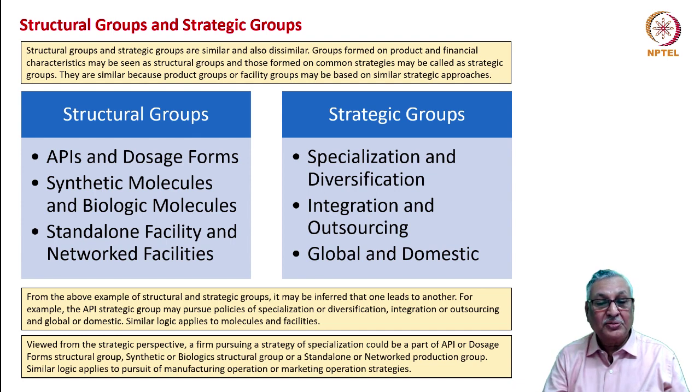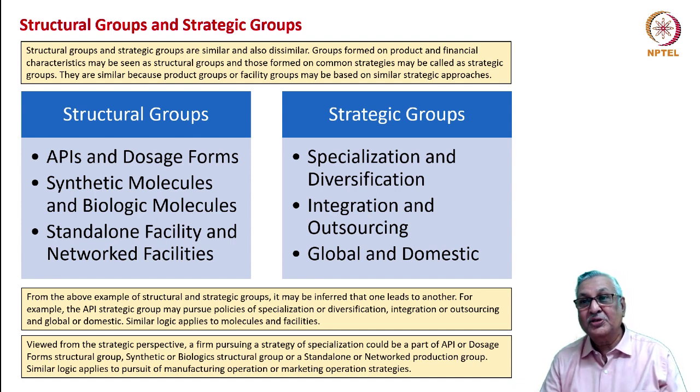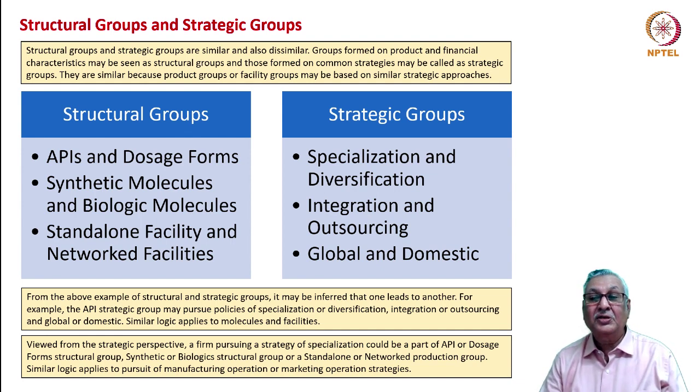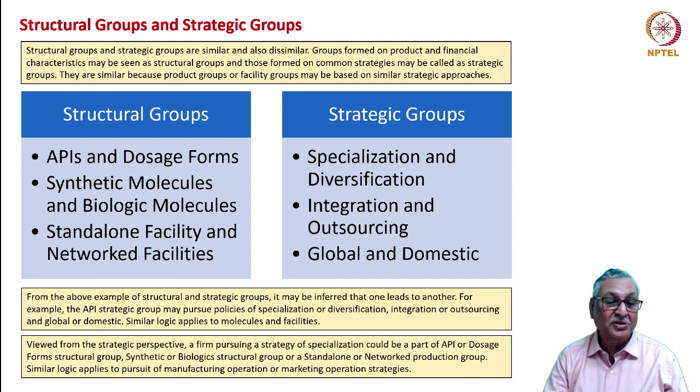Viewed from a strategic perspective, a firm pursuing a strategy of specialization could be part of an API group structurally or a dosage form group structurally. Similarly, a synthetic or biologic structural group, or a standalone or network production group, could again have different strategic drivers for each of these things.